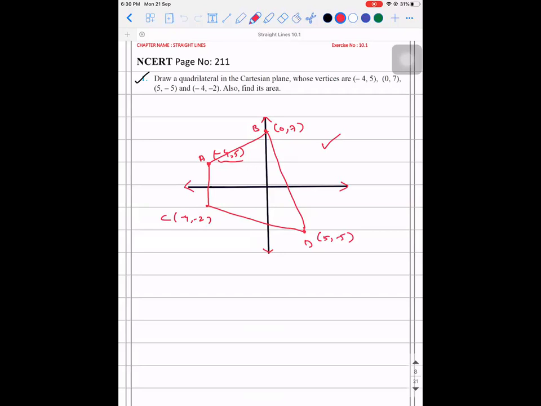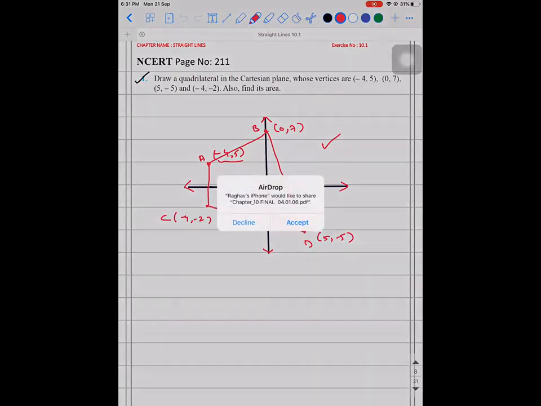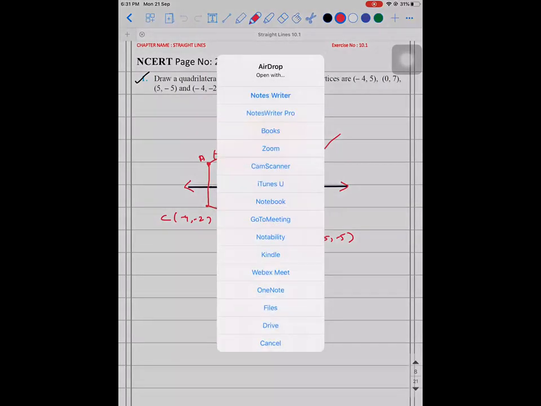Okay. So I'm asking, do we have a direct formula for area of a quadrilateral? Sir, are you speaking, sir? Yeah. Are you able to hear me now? Yes, sir. Now it's audible, sir.